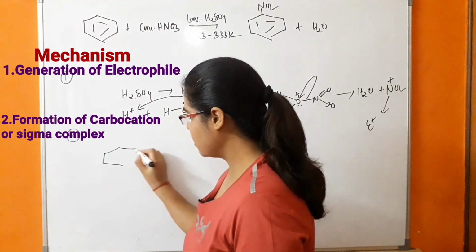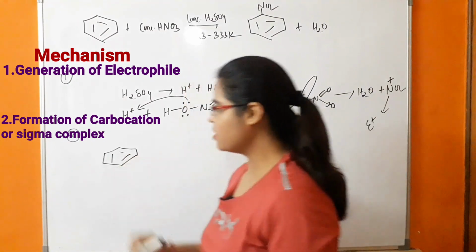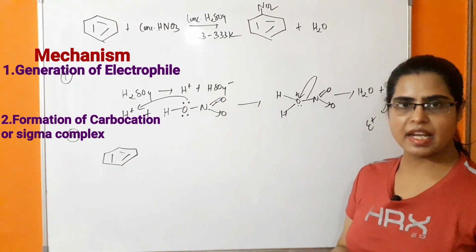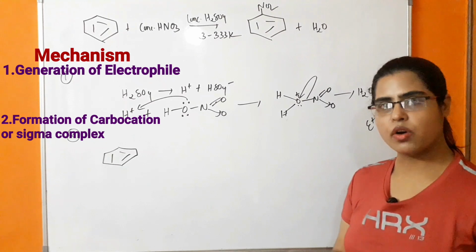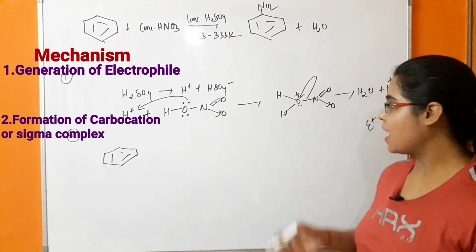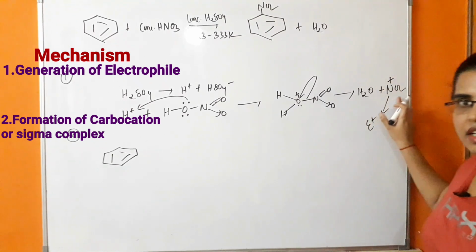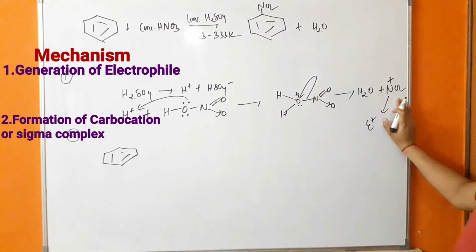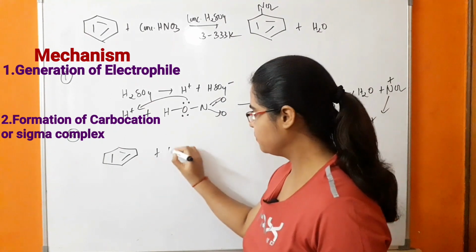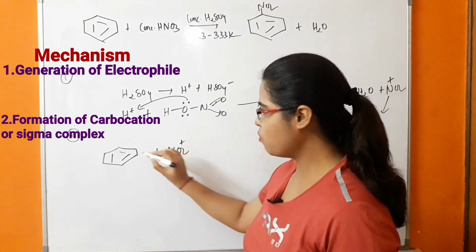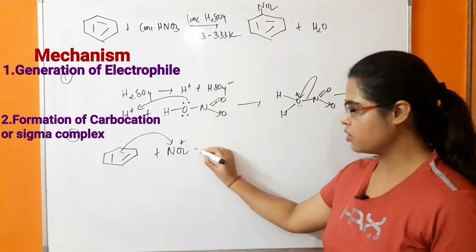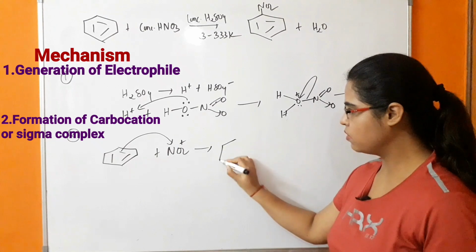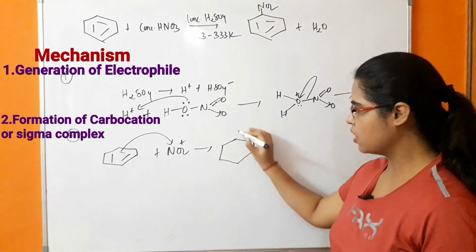Second step, we know that in the case of benzene, there are pi bonds, pi electrons, and these pi electrons are loosely held. Because of that, it will attract the electrophile, that is NO2 plus. So what is happening? NO2 plus will be attracted by the pi electrons. So there is a formation of carbocation.